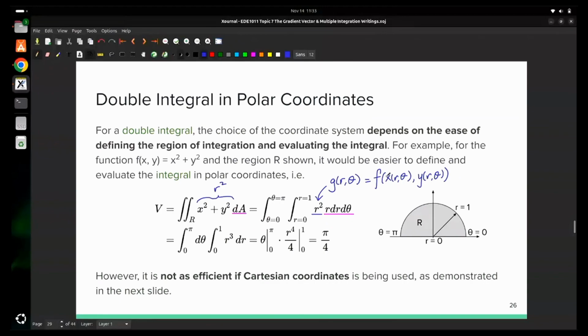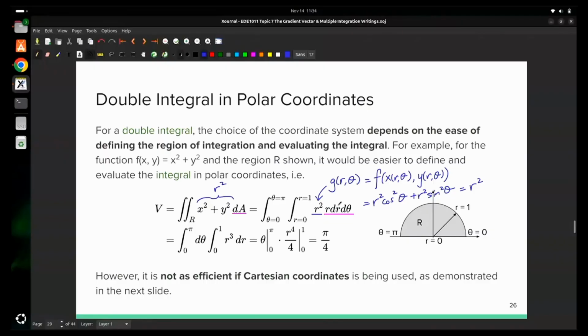Because what's x? x is r cosine theta. So you can see this guy is actually x squared plus y squared, correct or not? But x is r cosine theta, but whole thing squared. So it's actually r squared cosine squared theta plus r squared sine squared theta. Then sine squared plus cosine squared is 1. So therefore it's r squared. This is the r squared that we are talking about after you have converted from Cartesian to polar. Then the dA will be just r dr d theta.